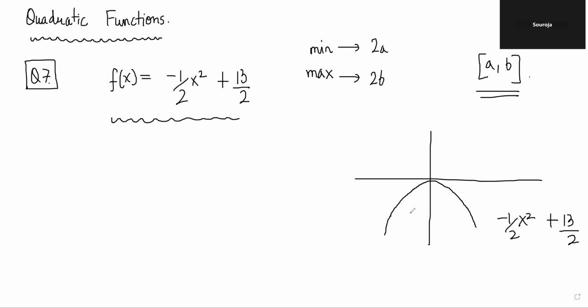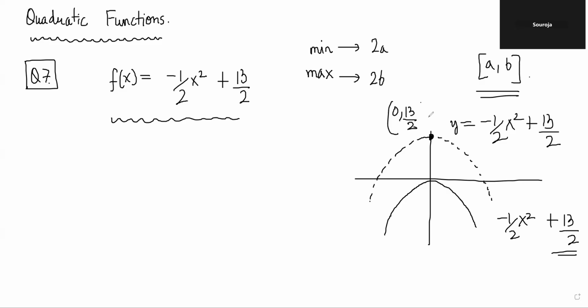So if you add something to the graph, it will go up by 13 by 2. So the real graph will look like this. y is equal to minus half x squared plus 13 by 2. When x is 0, y will be 13 by 2. That is the vertex.